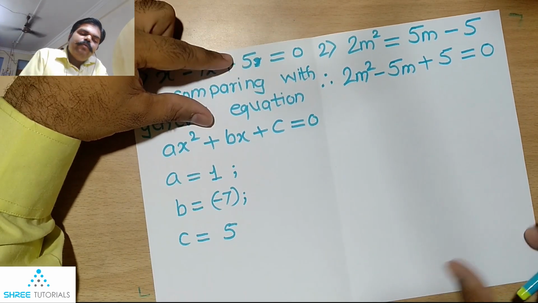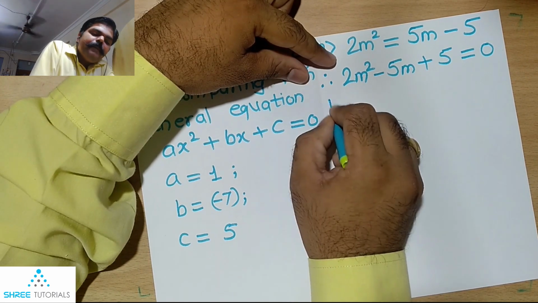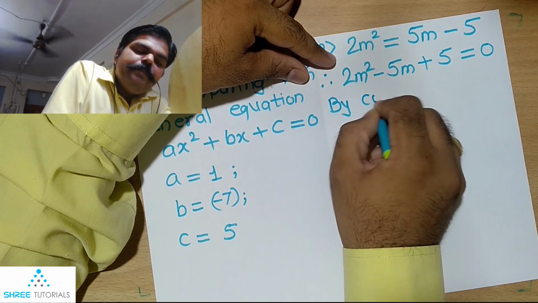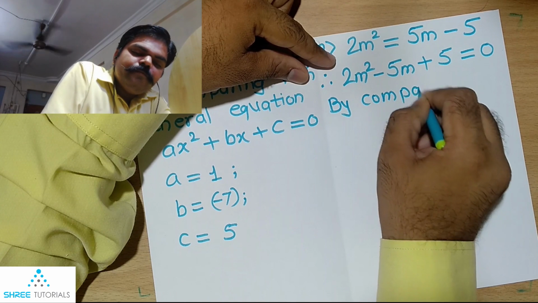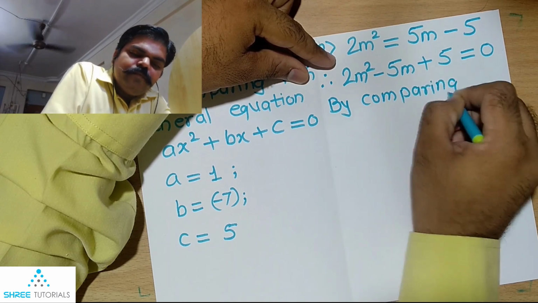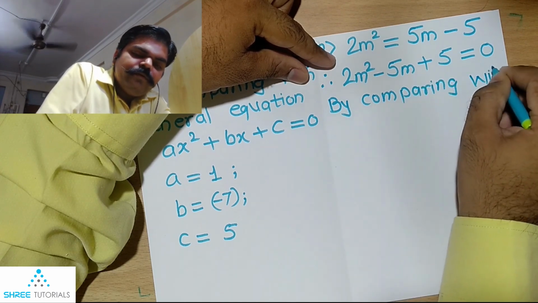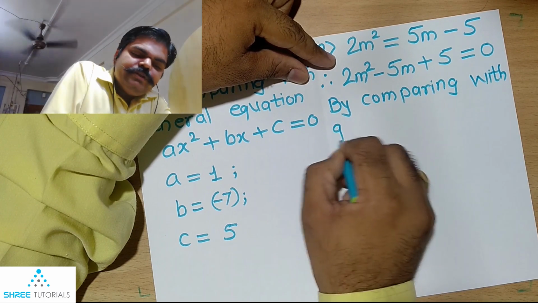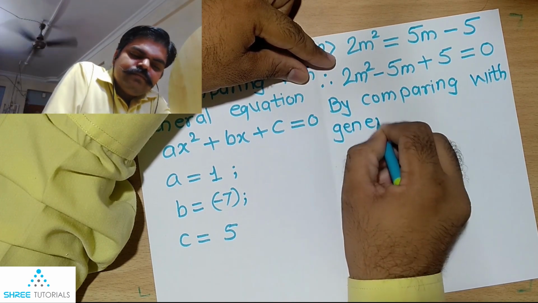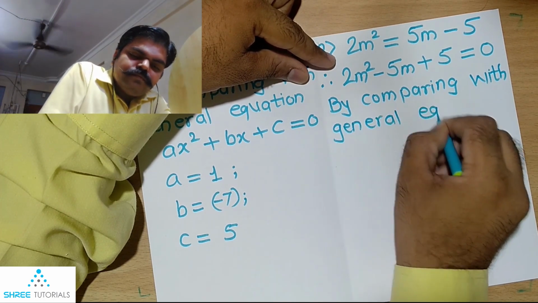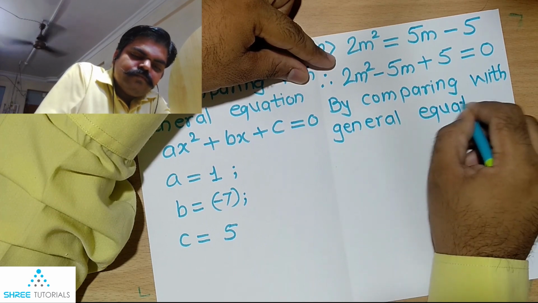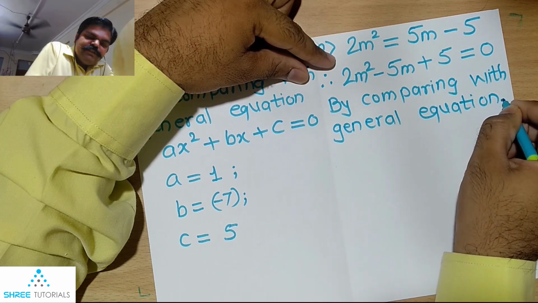Now later on, what we have to do is, by comparing with the general equation. What is the general equation?